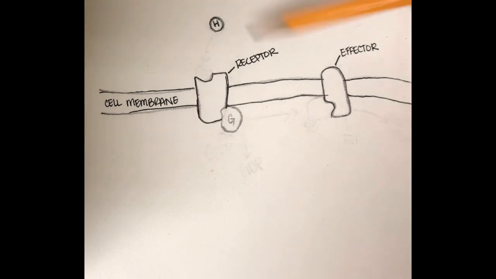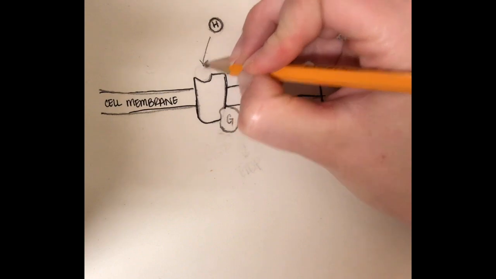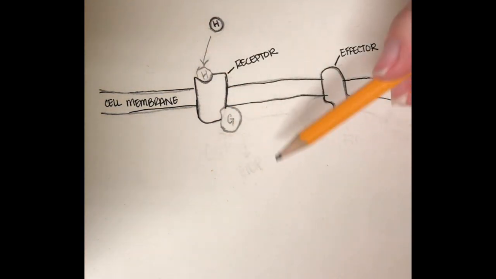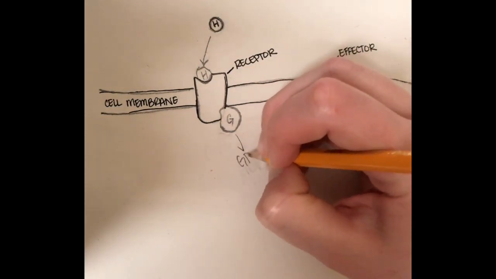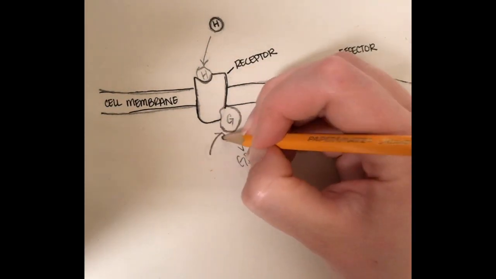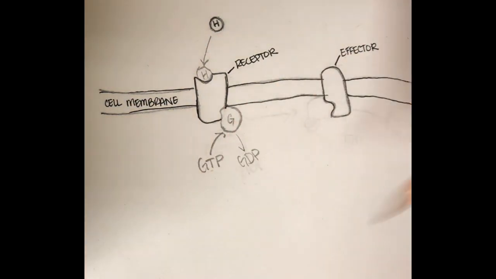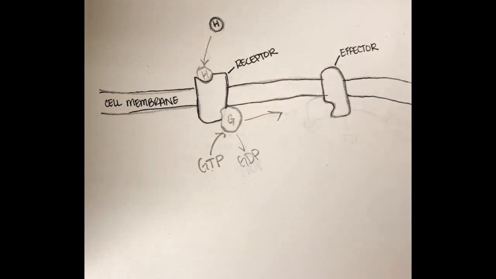First, the hydrophilic hormone binds to the receptor, which will then activate the G protein by replacing GDP with GTP, causing the G protein to become unbound from the receptor protein.